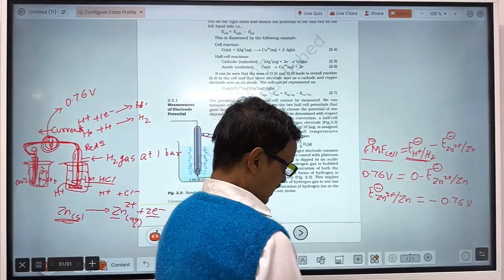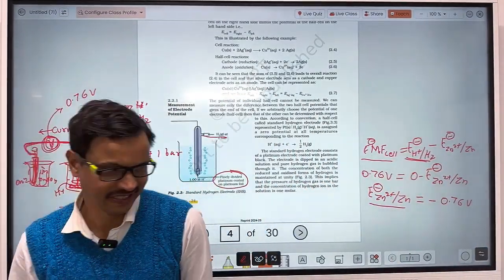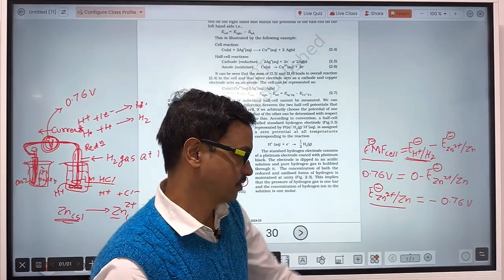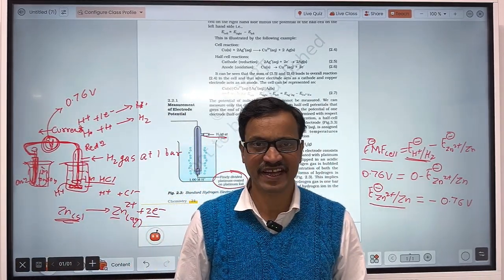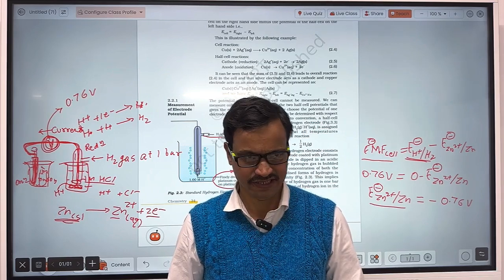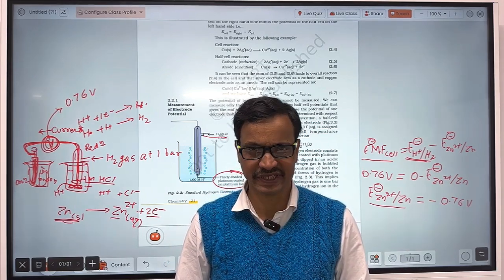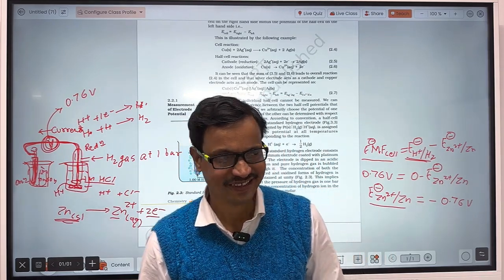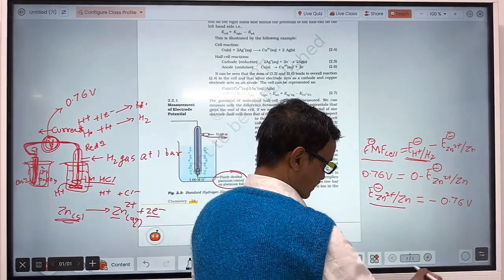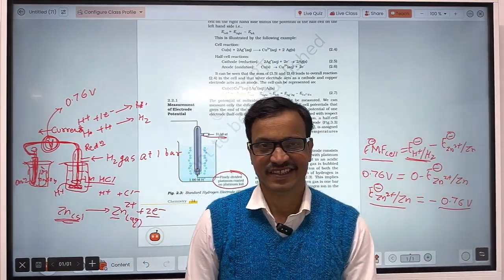Okay, so here, when the zinc has a greater tendency to get oxidized compared to that of hydrogen, during that course the standard electrode potential will be negative.